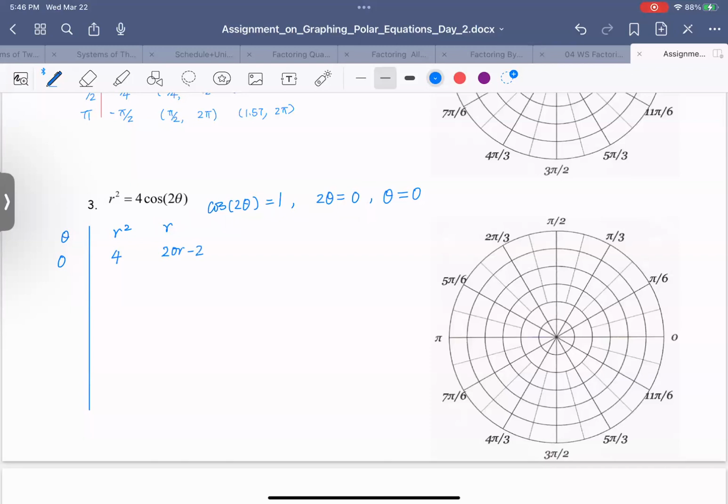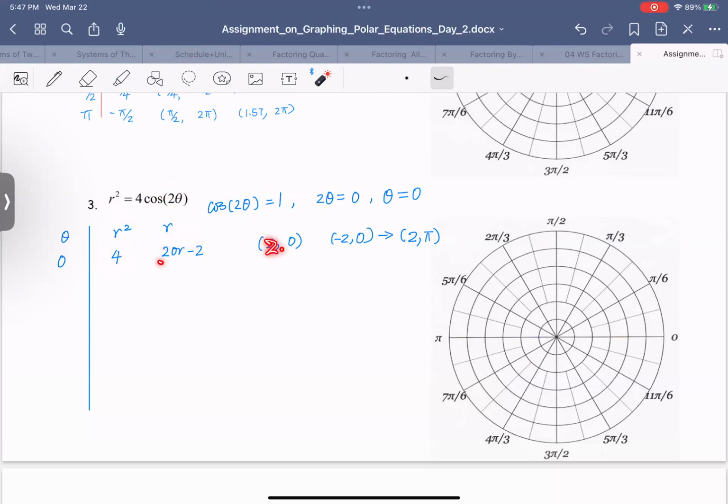That means when r is 2, the angle is 0. When r is negative 2, the angle is also 0. But this one you will convert. You will make this 2, but you will make the angle 0 plus pi. Does that make sense? You see here, you make this 0. When you got this 0, cosine 0 is 1, so this r squared equals 4. When r squared equals 4, you can have 2 or negative 2.